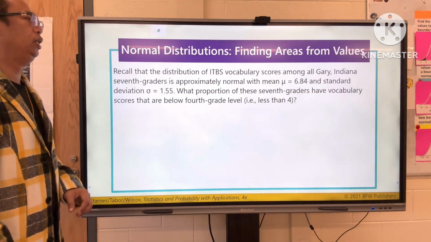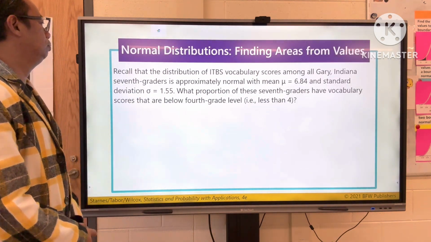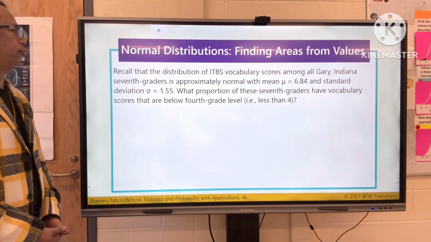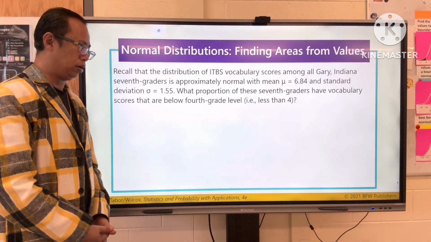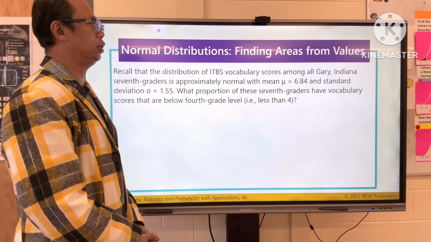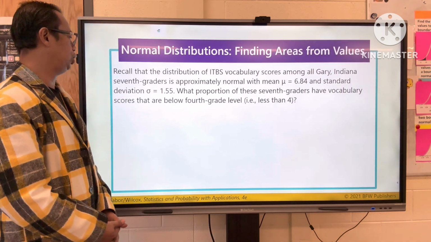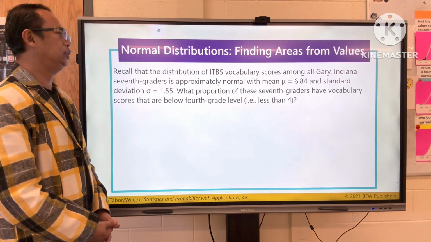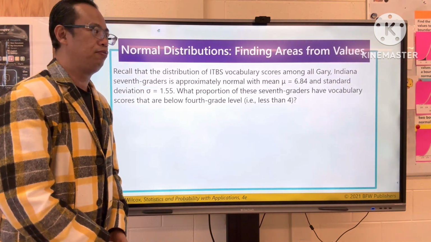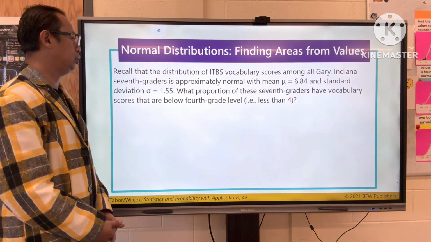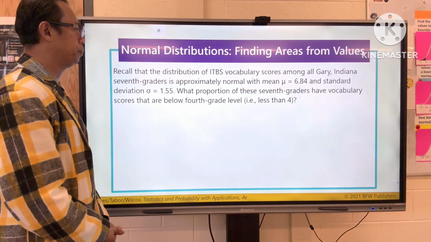To start with, let's have a small recap. Recall that the distribution of the ITBS vocabulary scores among all Gary, Indiana 7th graders is approximately normal with a mean of 6.84 and a standard deviation of 1.55.